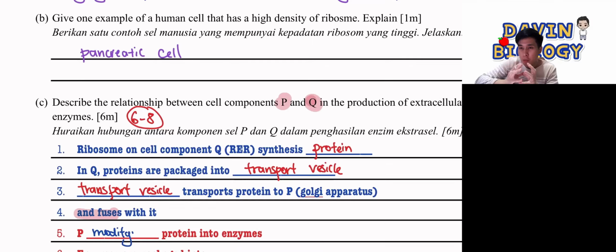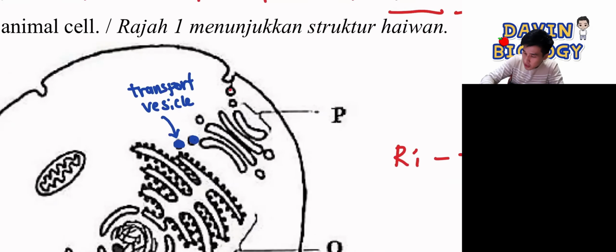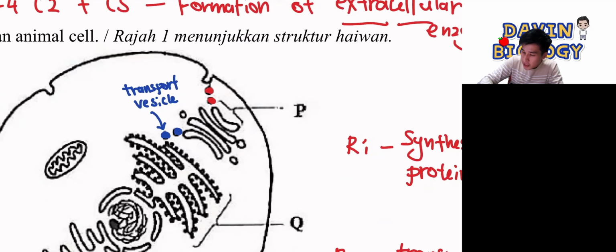Why do you want to package one more time? If I make bread already, I take flour and make bread, before I deliver to my customer, I also need to package it. This time I will package it into another vesicle. Can you guys tell me what this other vesicle is? Because now I want to transport the protein out.